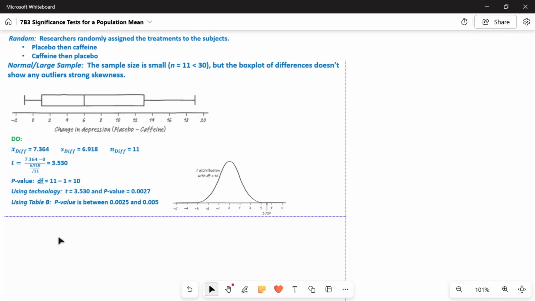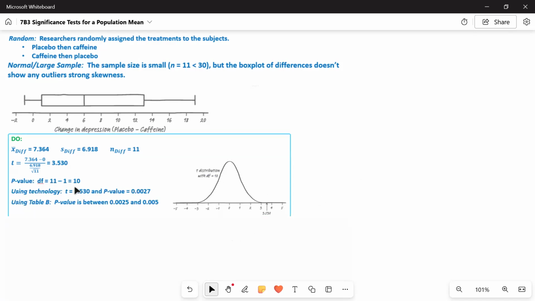If we look at a t-distribution here, we have 10 degrees of freedom. So this is a t-distribution. If our t-score is 3.53, that's a little bit more than 3.5. That would land right here. And we're looking for the area to the right of that on the t-distribution, which would give us our p-value.